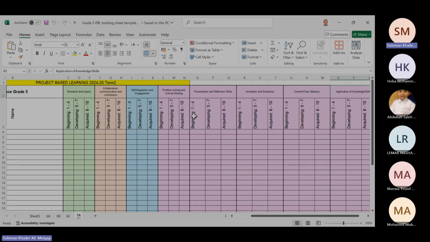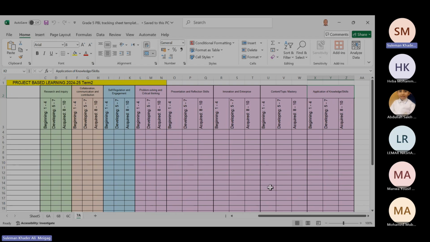Your thought skills, they'll be the lowest 1 to 4, in the middle 5 to 7, and highest 8 to 10. And then how new it is, the innovation, the enterprise. Did you get something new, or did you take somebody else's idea? This also goes in there.